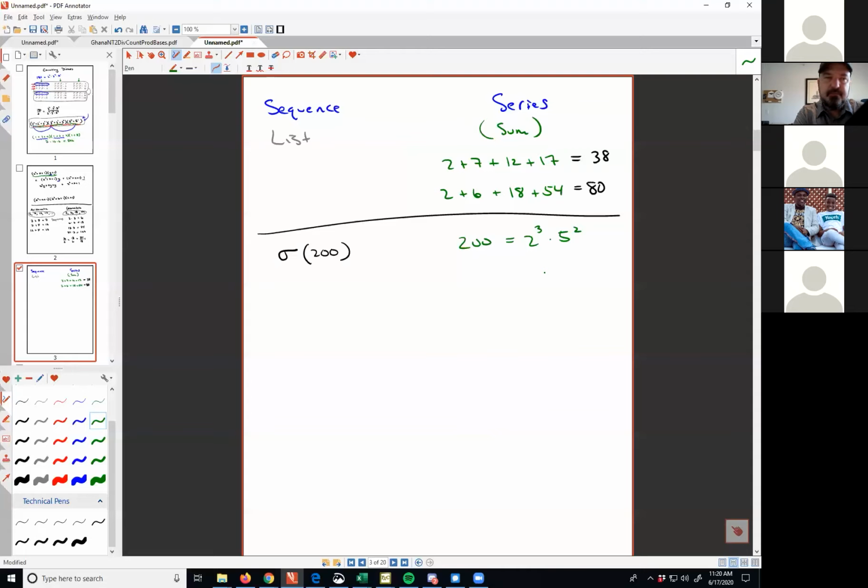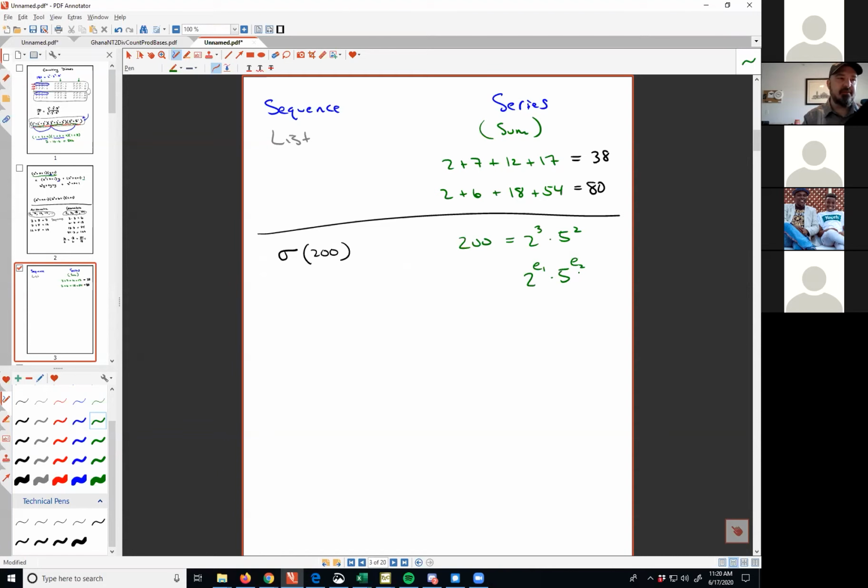How many are there? 12. 12 is correct. We say 2 to the E1 power times 5 to the E2 power. Every one of our divisors has a prime factorization in this form where E1 can be 0, 1, 2, 3, and E2 can be 0, 1, 2.